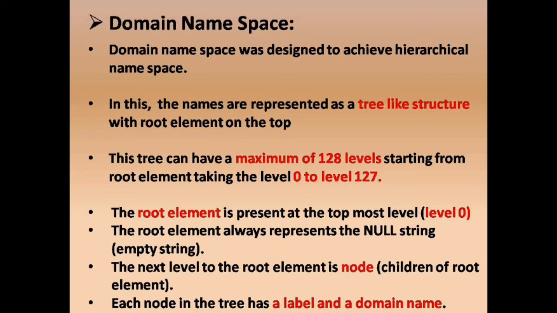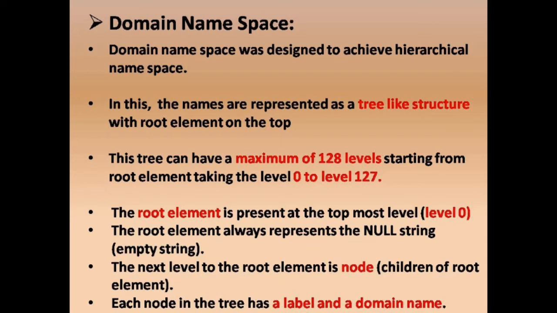The tree can have a maximum of 128 levels, that is from level 0 to level 127. So the root element must have level 0, and it always consists of a null string. There is no label, no text given to the root element. And the next levels are called nodes or children of the root element.